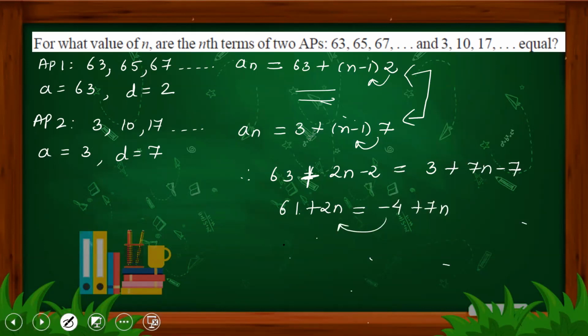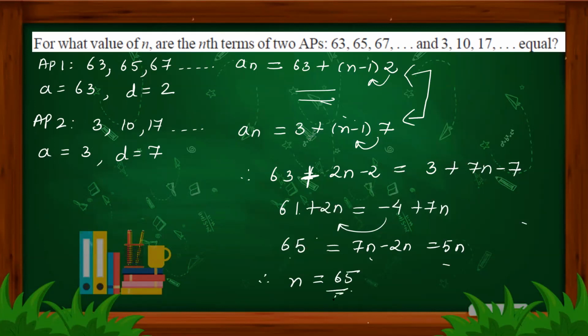So minus 4 over here, so this is going to be 65, 61 plus 4 is 65, and 7n minus 2n, this is going to be 5n, right? So therefore, n is equal to 65 divided by 5. N is equal to 13, right? So when n comes down to 13, that means the 13th term of both the APs are going to be same.